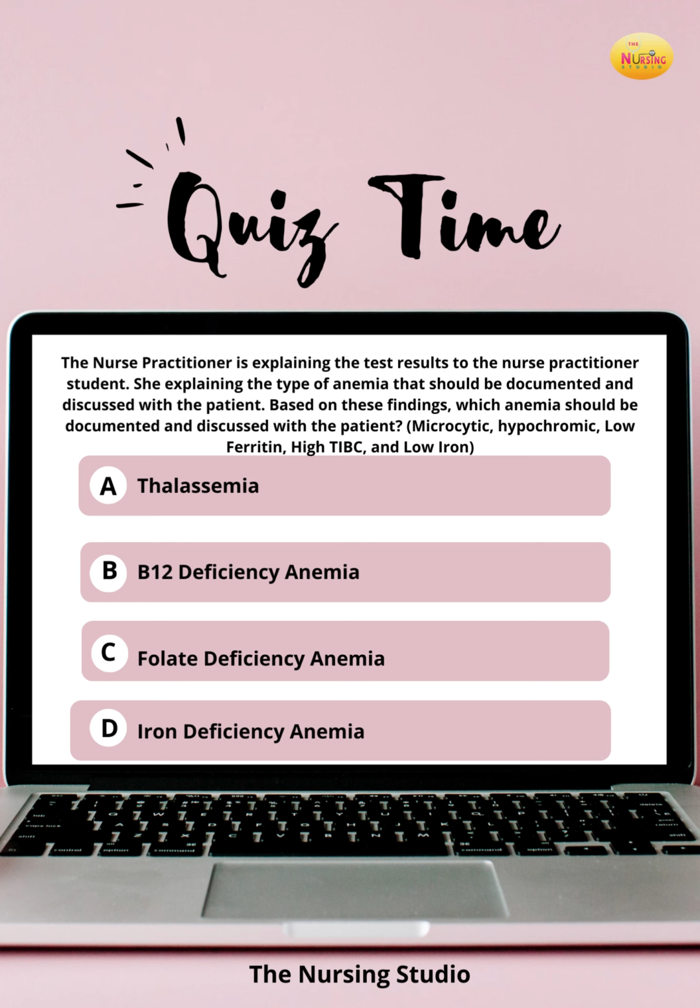Findings are it's microcytic, hypochromic, there's low ferritin, high total iron binding capacity, and a low iron. Is it A, thalassemia, B, B12 deficiency anemia, C, folate deficiency anemia, or D, iron deficiency anemia? Take a second and tell me what you think in the comments.